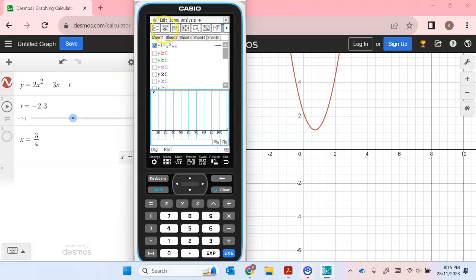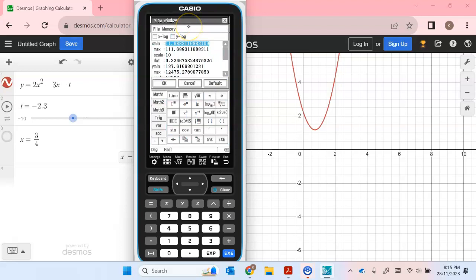This one next to it adds my slider. Did you notice that little k box came up? I'm going to have to put my graph on. Let's change the window. We'll just go from -10 to 10. Come on, cooperate.